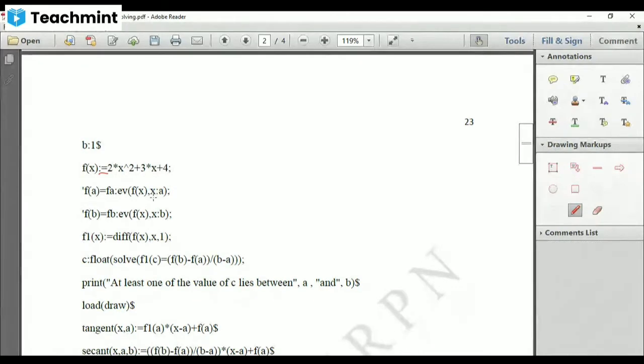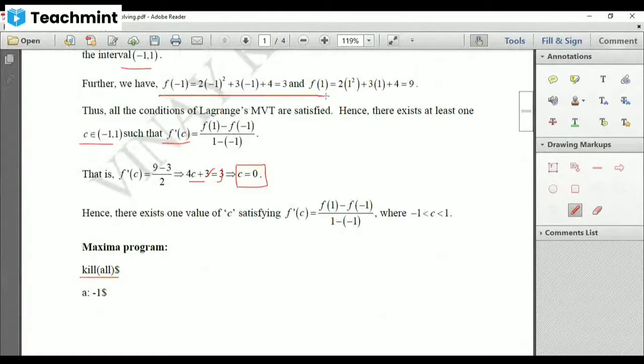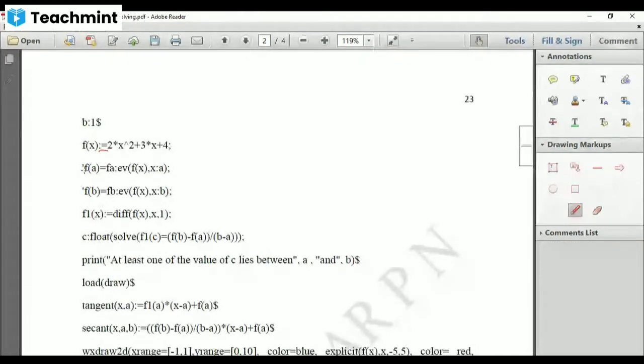And further, we need f of minus 1 and f of plus 1, isn't it? Since this is A and this is B, we need f of A. So let us display that. For displaying, we use single apostrophe with f of A equal to, it is stored in FA. Your value is stored in FA, right?